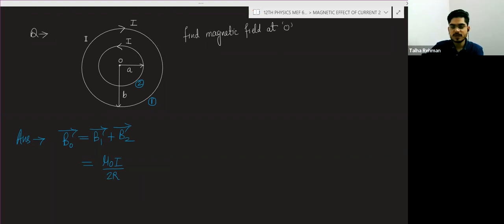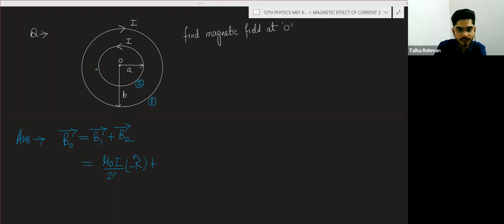Now see this coil. Apply your modified right hand thumb rule. When you curl your fingers, your thumb will be away from you, meaning the negative z axis. Here you will multiply with minus k cap, and instead of this r you will put not a, but b, because we are calculating for coil number 1.